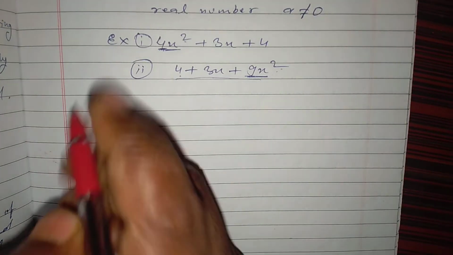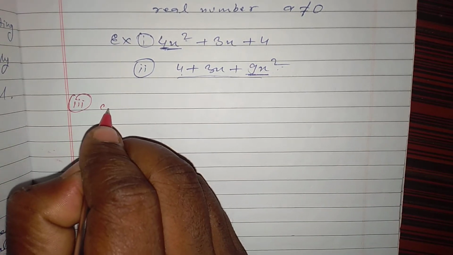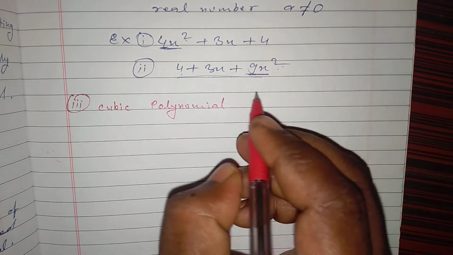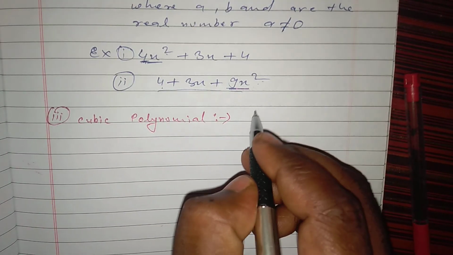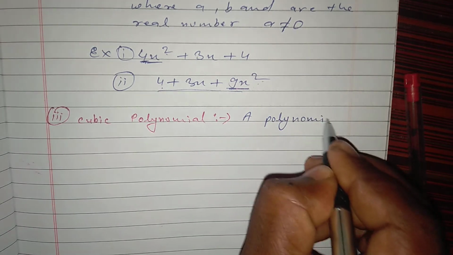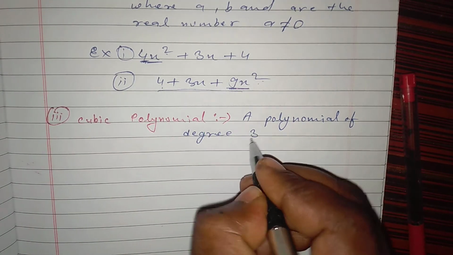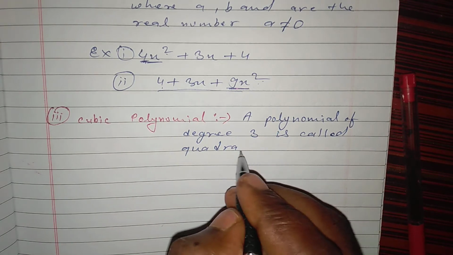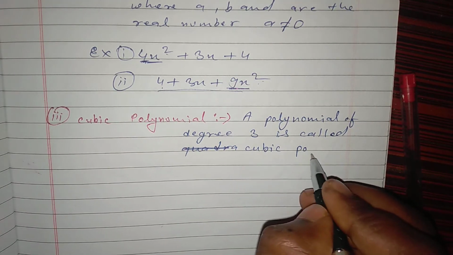Next, the cubic polynomial. A polynomial of degree 3 is called a cubic polynomial.